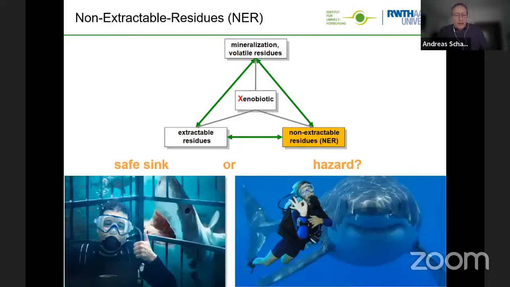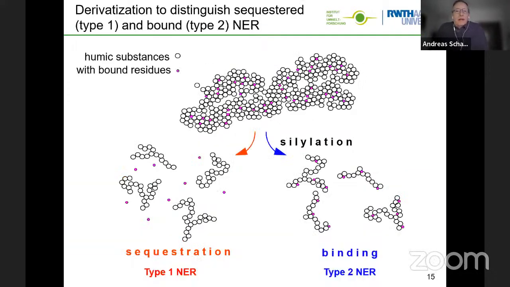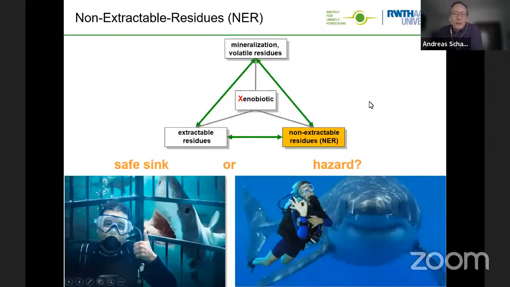And there is a decades-old debate whether these non-extractable residues are considered a safe sink or a hazard. And we did a lot of studies regarding non-extractable residues because so far, before we did these investigations, you can only quantify the amount of NER by using radio-labeled or stable isotope labeled compounds.